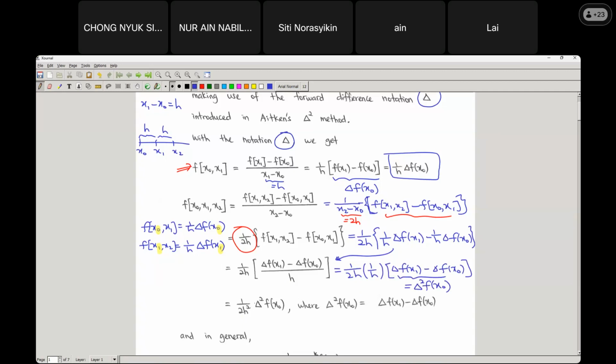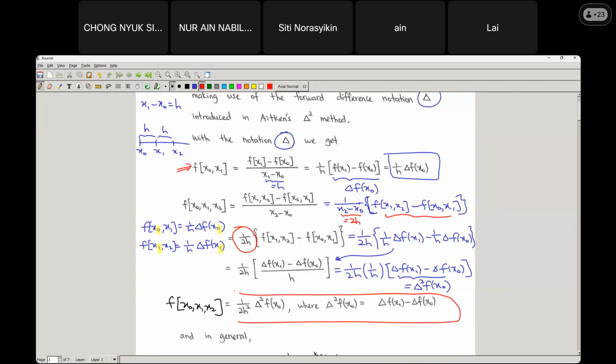This is how we get it. Maybe I should write it down. So this is our f[x0, x1, x2].